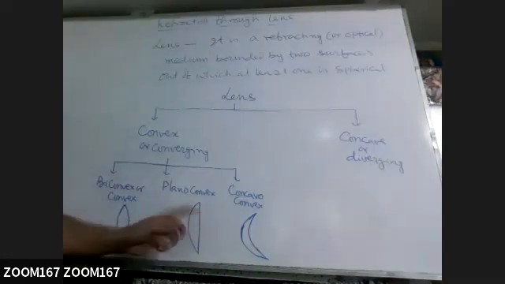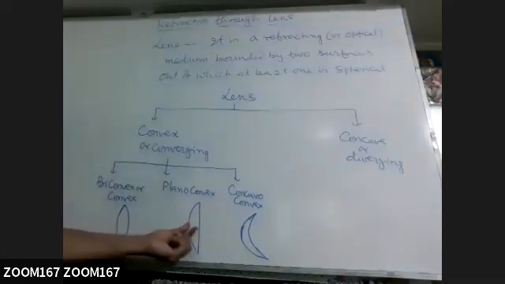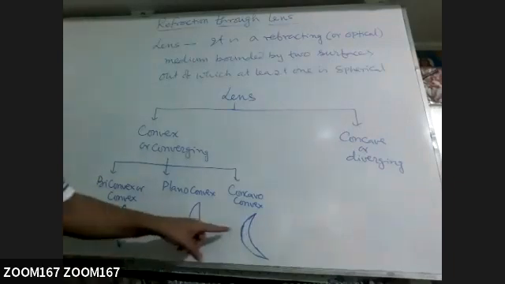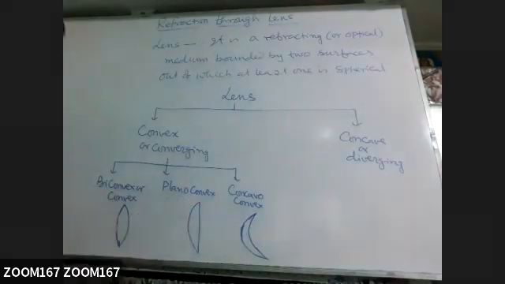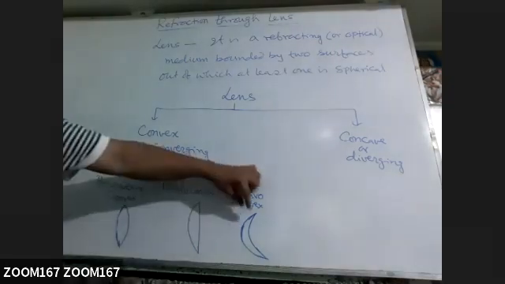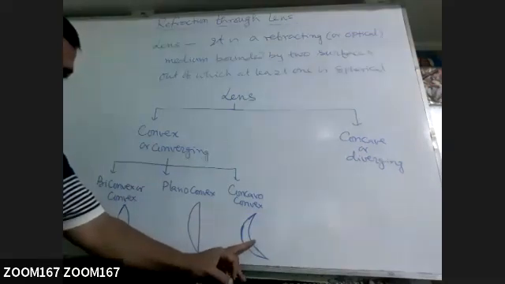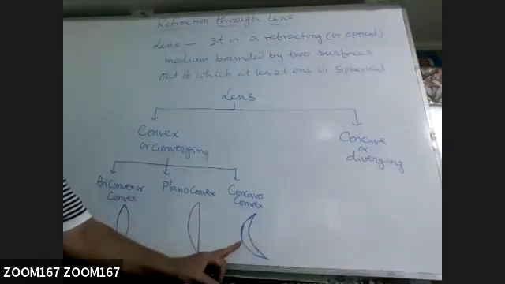See, in all the 3, thickness is maximum at the center. Here thickness is maximum, and at the periphery it is minimum. Here also periphery it is minimum. So here one surface is concave, other surface is convex.